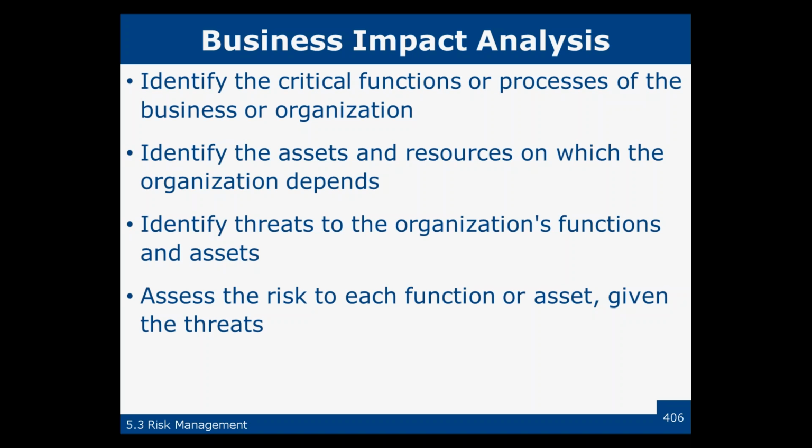I know that's a nasty thought for a lot of people, but flow chart how we make the business work. And then assess the risk to each function or asset given the threat. So first, we identify the critical functions. What assets are needed to support the critical functions? What are the threats? And then what's the risk to each of the critical functions given the threats that we have identified?